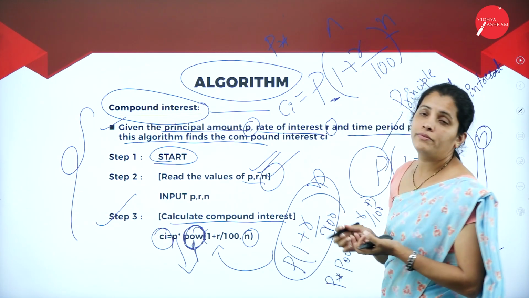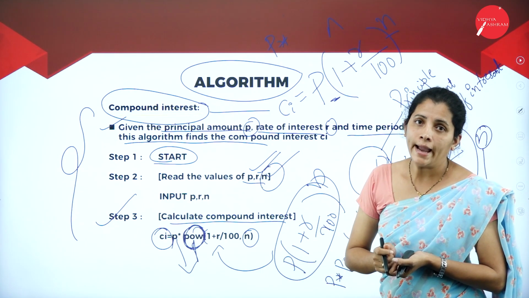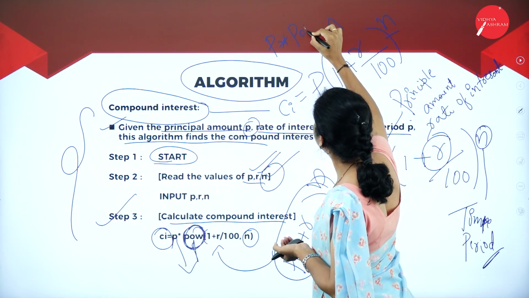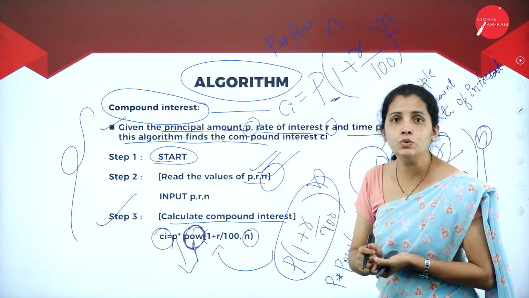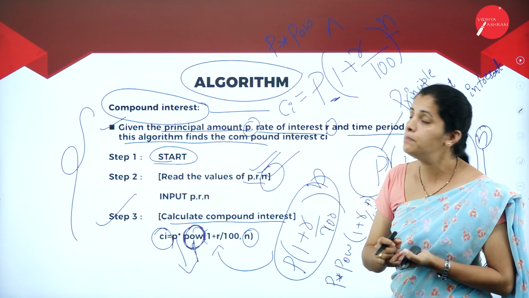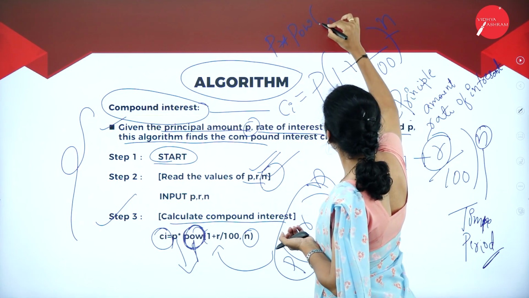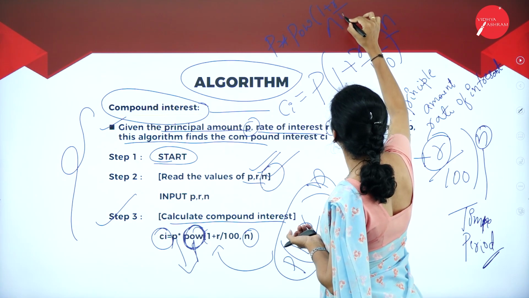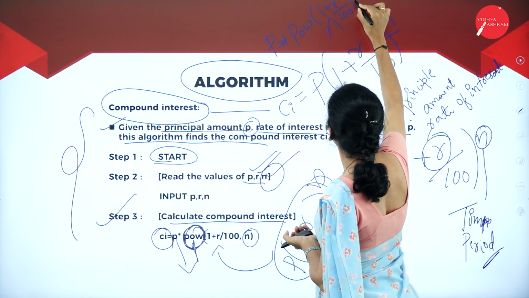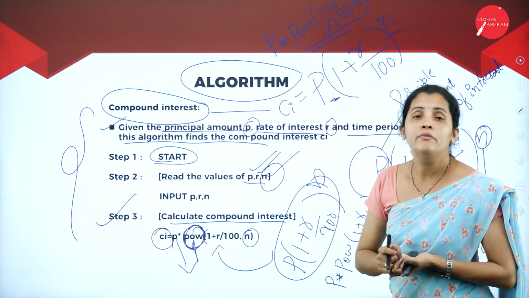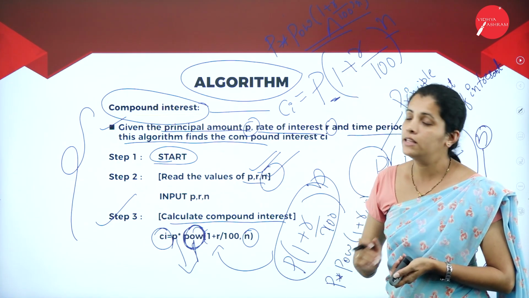Then I want to find the power of N. So in computer science, we have the power function, used to calculate the power of any given number. So power of 1 plus R divided by 100 comma N. So this is the input I'm going to feed into my algorithm.